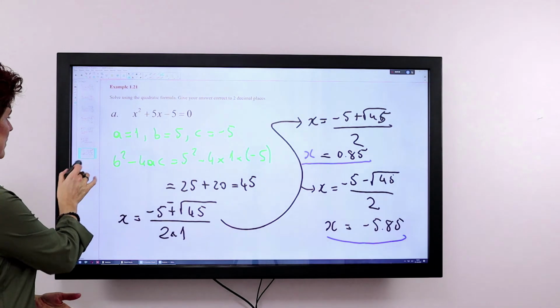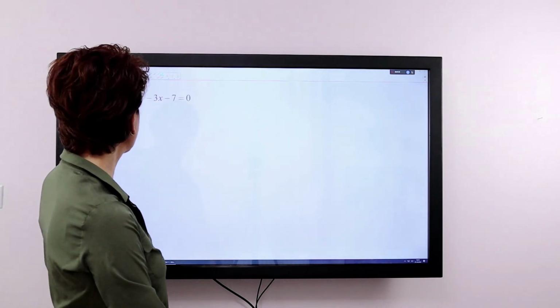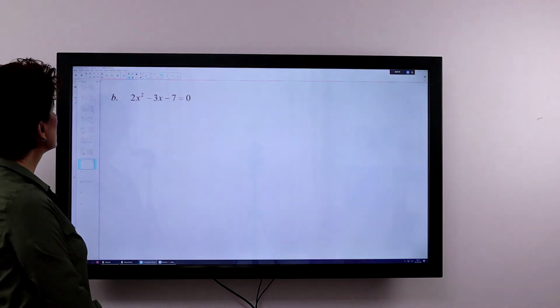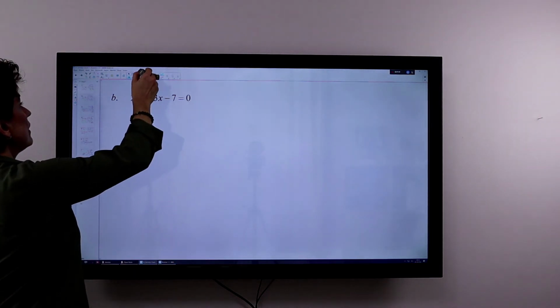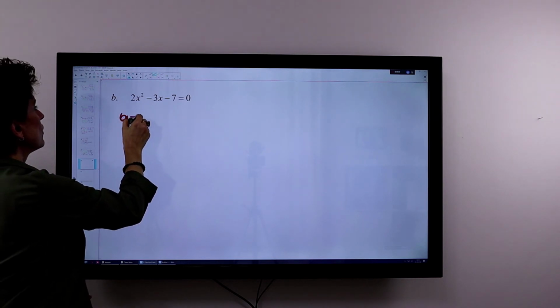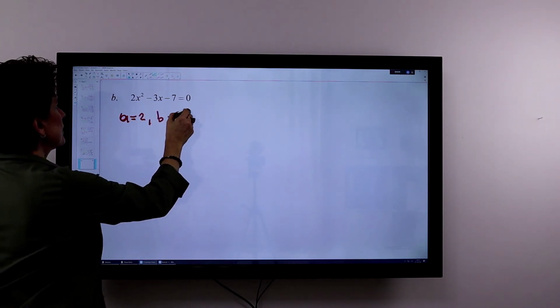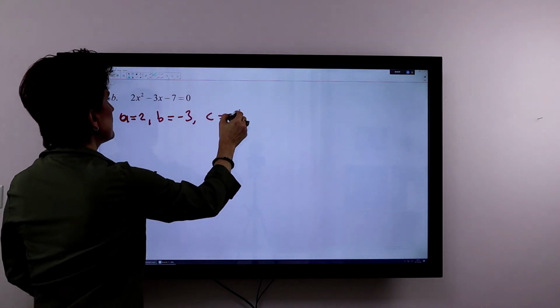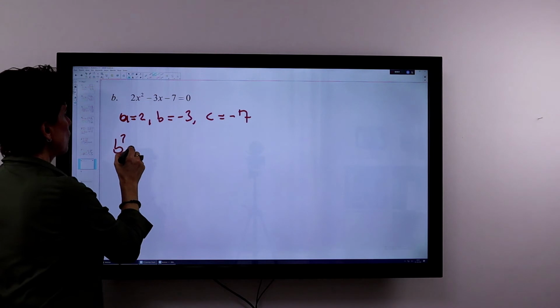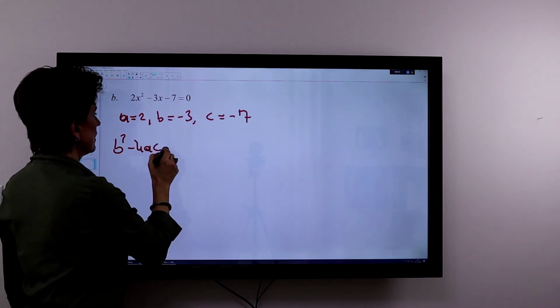Okay, have a look at the next question. Again, would you like to pause me? Should I think? Okay, I'm doing it again here. A is 2. B is negative 3. C is negative 7. Agree? Okay. The discriminant is b squared minus 4ac.